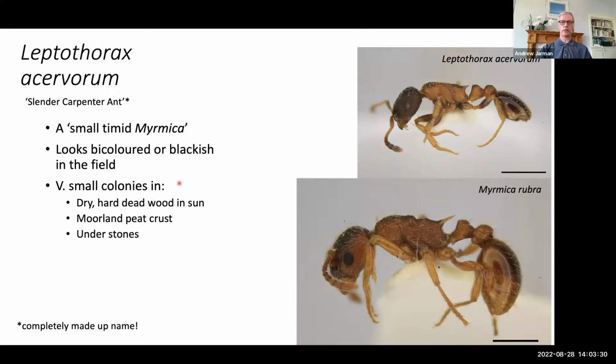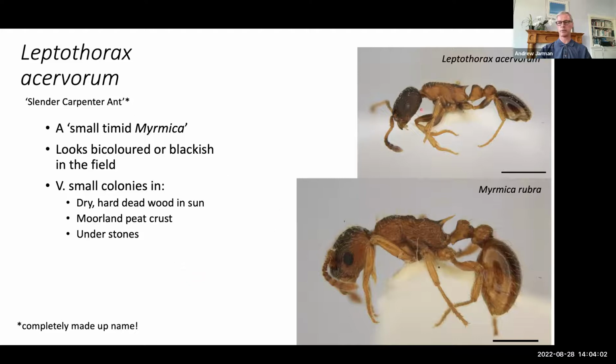So you may well come across it if you're looking at dead standing trees for wood nesting wasps and bees. You may come across this little Myrmica-like insect just dashing around on the surface, but it's actually Leptothorax. But it doesn't just live in hard dead wood. It also lives very commonly within moorland peat, and also under stones as well. So you can't use whether it's nesting in wood or not as the way to distinguish it completely.